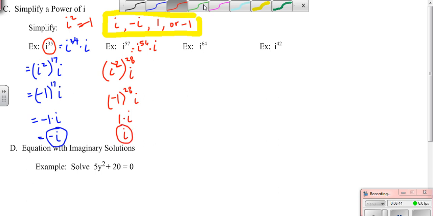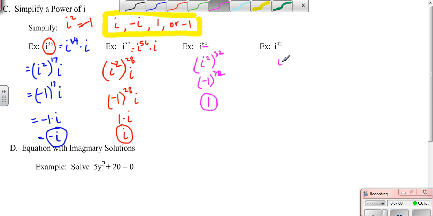So my answer is i. When I have i to an even power to start with, now I'm going to think about, well, this is i squared to the 32nd, which is negative 1 to the 32nd. So I have negative 1 to an even power, so that is 1.